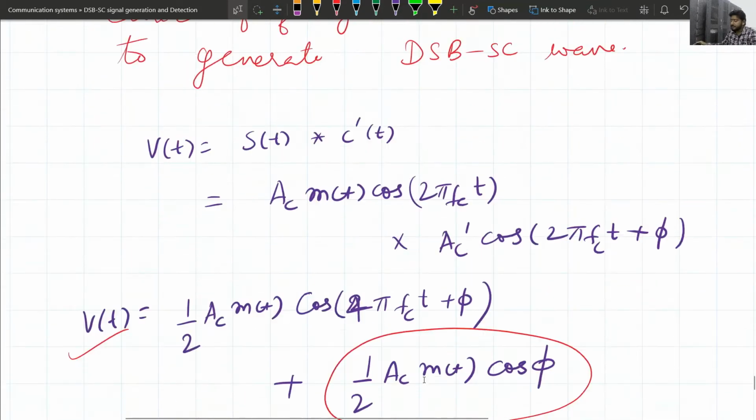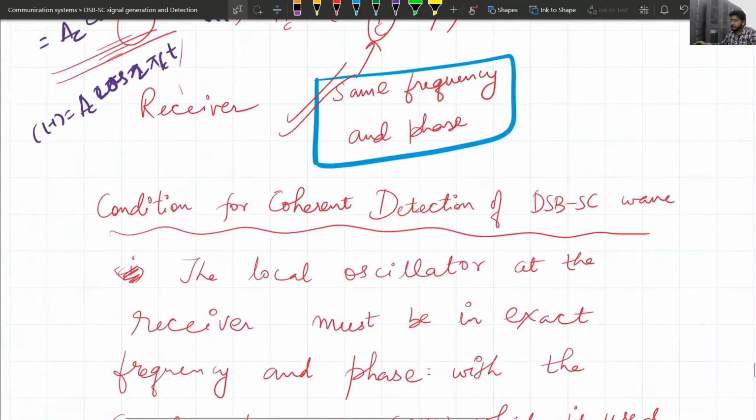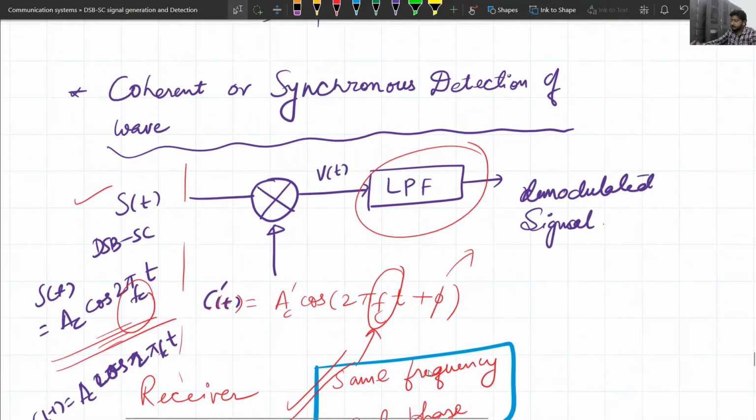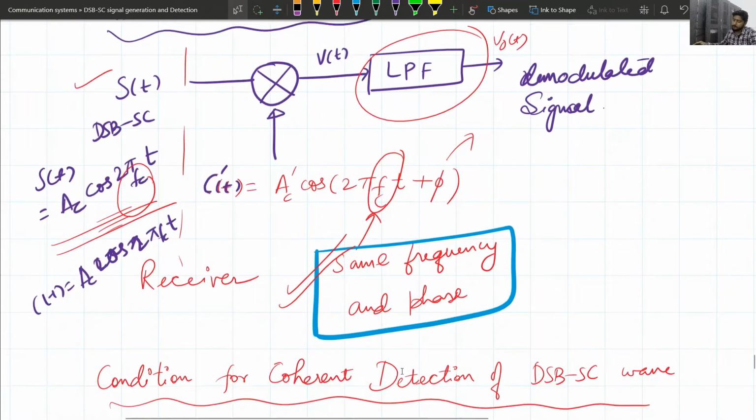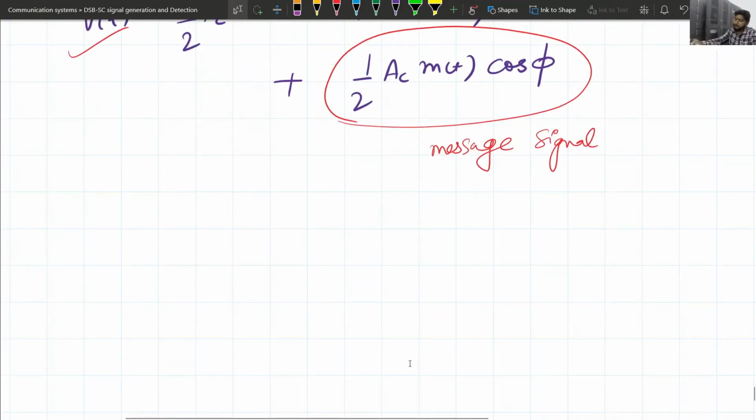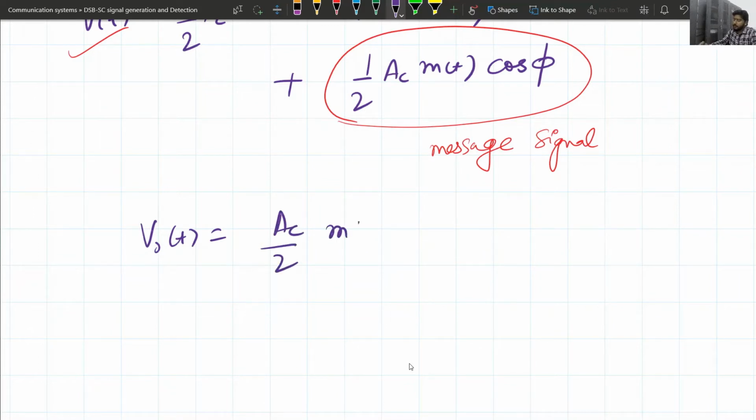But the condition here is that, let's say this is v0(t). Then v0(t) will be given as Ac by 2 m(t) into cos phi.